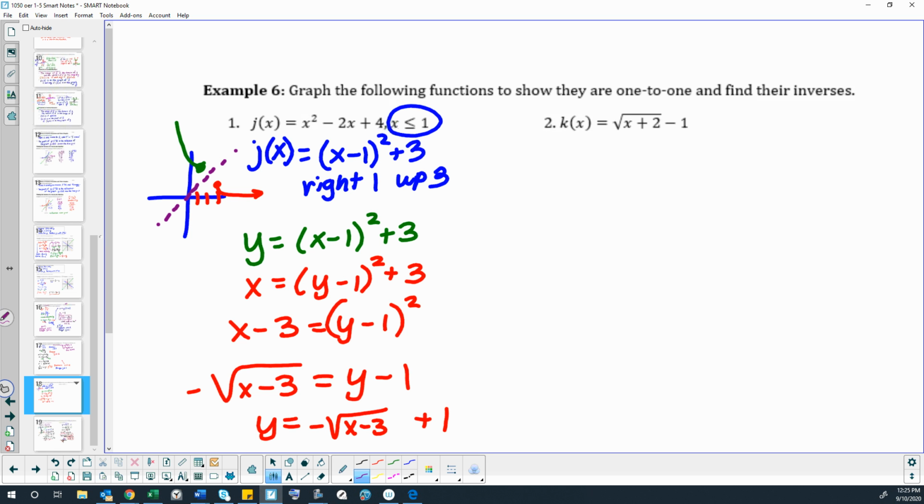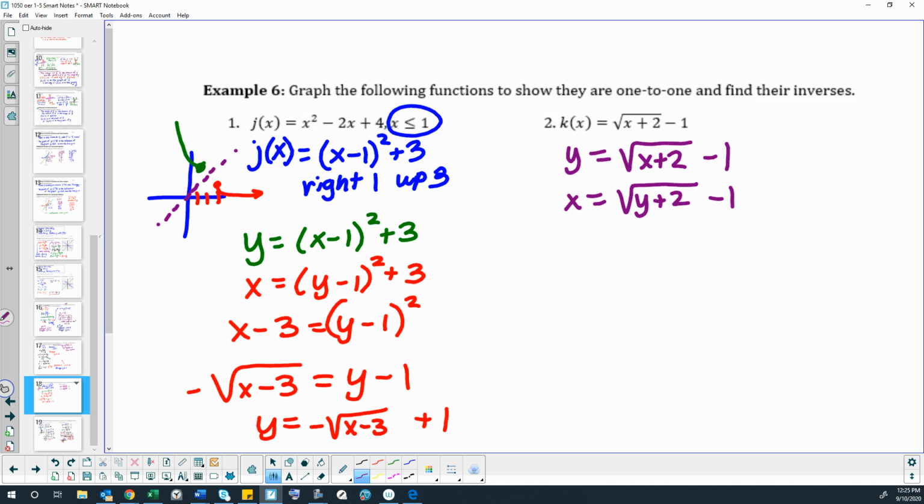Okay, let's go the other direction. This one's not restricted because the square root graph is already 1-to-1. So that's awesome. So let's go ahead and change this to a y. And then trade x and y. And then solve for y.